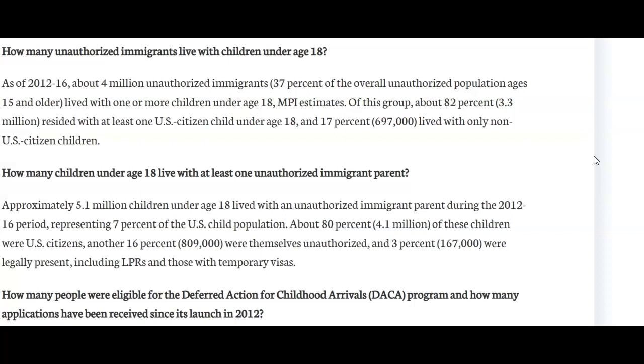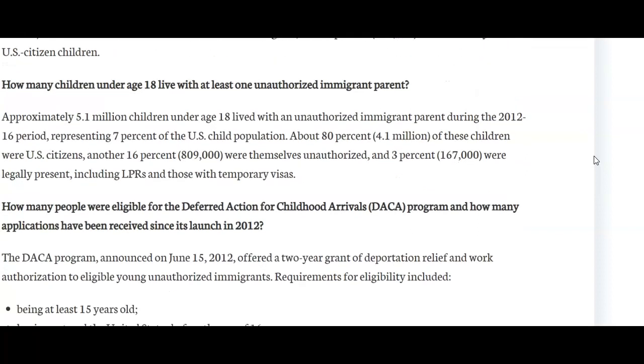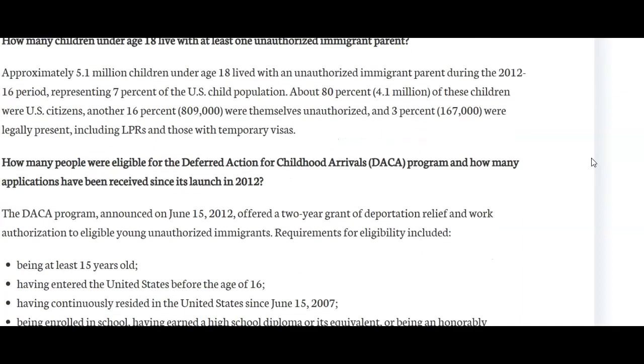Of this group, about 82% or 3.3 million resided with at least one U.S. citizen child under age 18, and 17%, that is 697,000, lived with only non-U.S. citizen children.